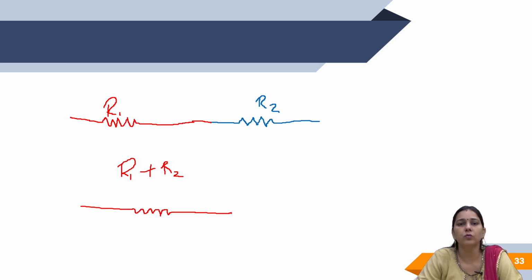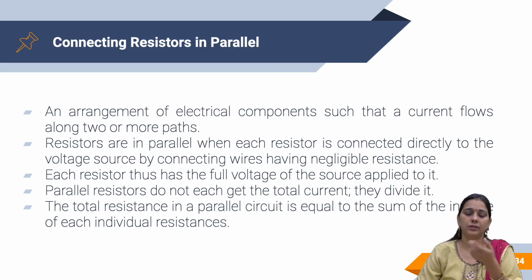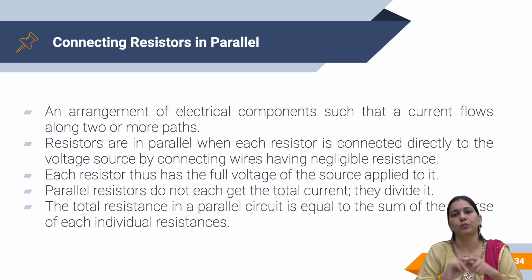Next, we are moving towards connecting resistances in parallel. How can we connect the resistances in parallel? Let us assume that these are two resistances. When one terminal of one resistance is connected to one terminal of the second resistance, and the second terminal of resistance 1 is connected to the second terminal of resistance 2, in this particular manner we say that these resistances are connected in parallel combination.